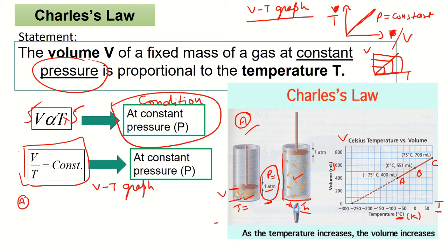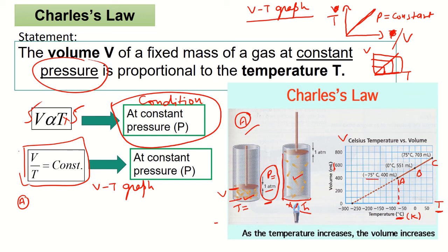The temperature is on the x-axis, so you come down and see where this line is cutting the temperature axis. The line is cutting at minus 75. So this is minus 50, and this is minus 75. The temperature value is minus 75.